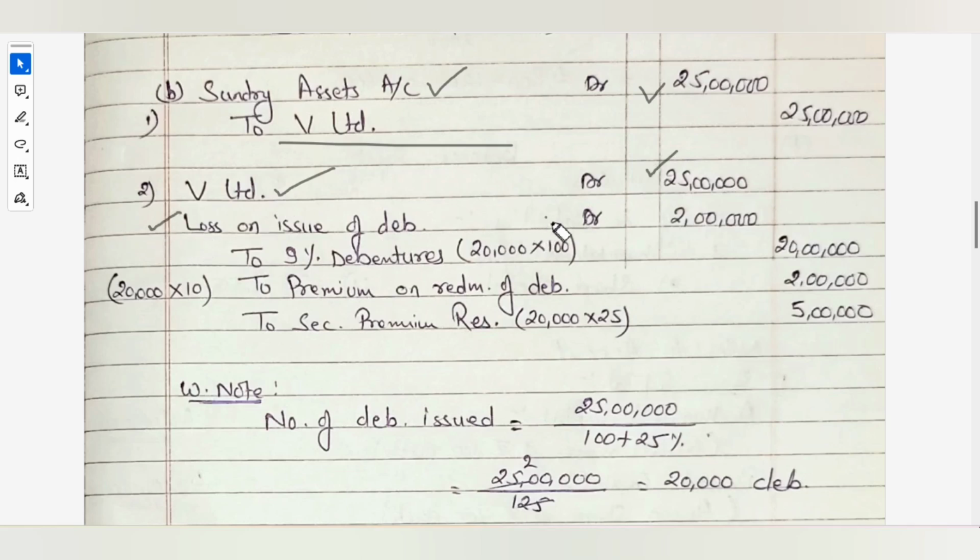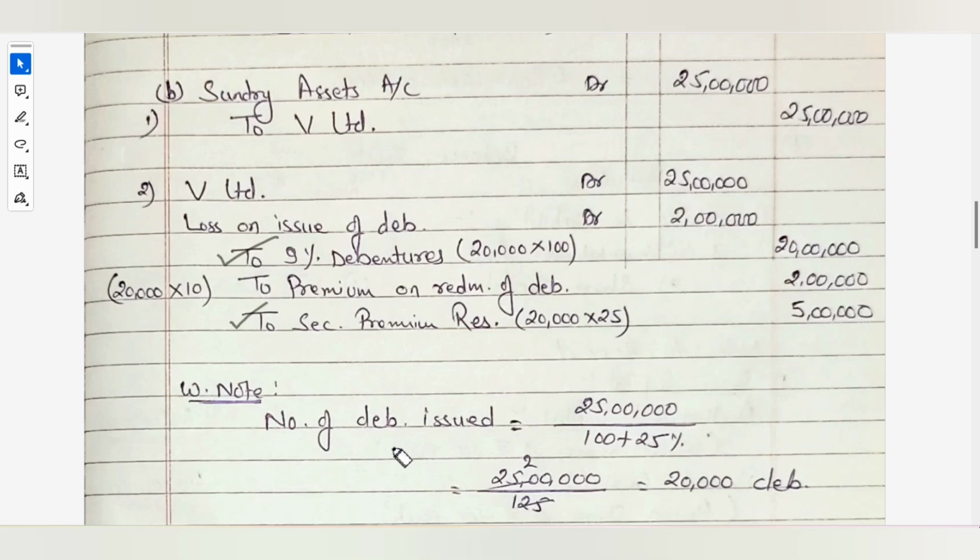So loss on issue of debentures account will be debited, and whenever we open the loss account, then we have to open another account on the credit side, that is premium on redemption of debentures account with the same amount, and then to debentures account, and the condition of issue is at a premium, so issue securities premium reserve account.